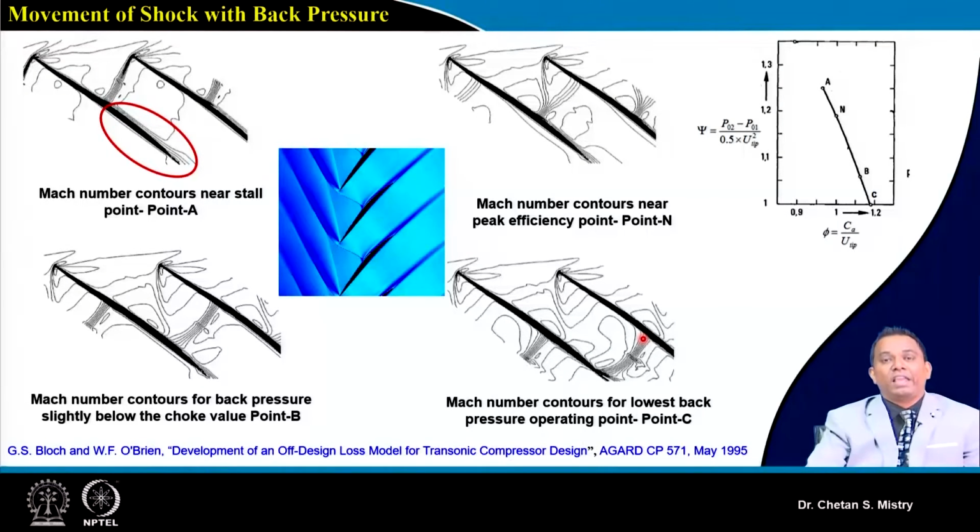So we need to focus not only on the design condition when developing such an aerofoil, we also need to think about what flow phenomena happen under stall or choke condition, because that is limiting our performance and operating range.